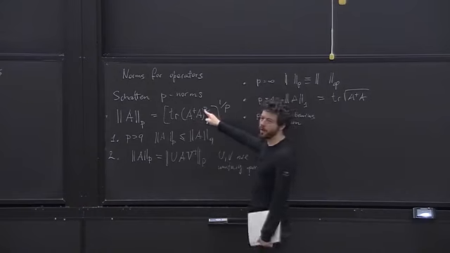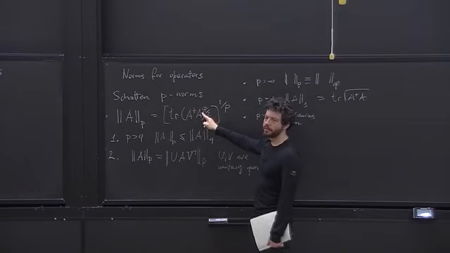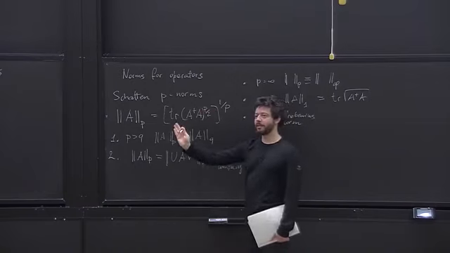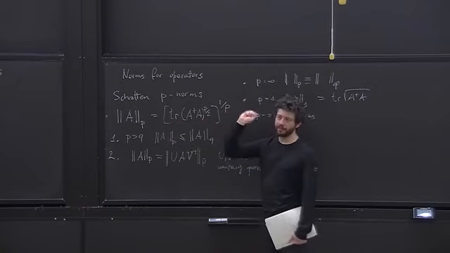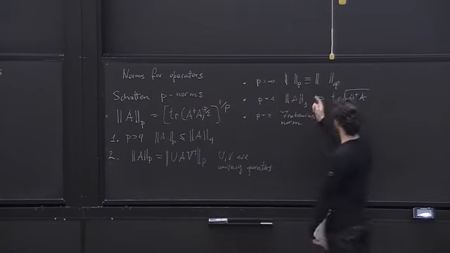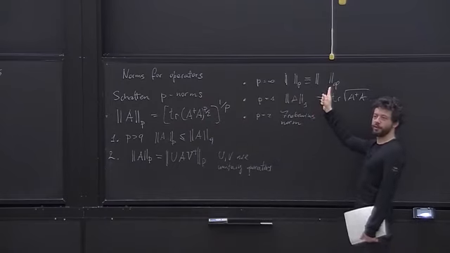So when you take the powers, for a large power, only the largest eigenvalues count. Okay, so when P is very large, only the highest eigenvalue counts. And you know that the highest eigenvalue of an operator is the operator norm.